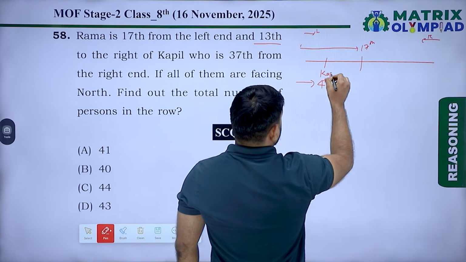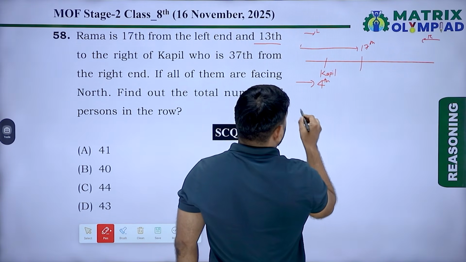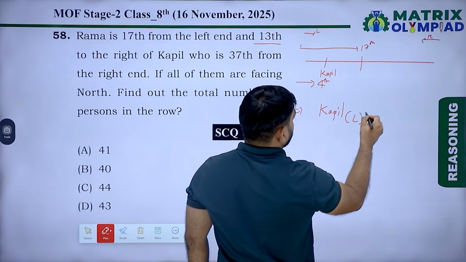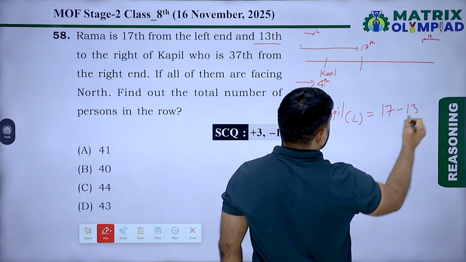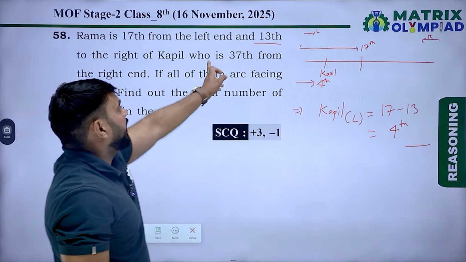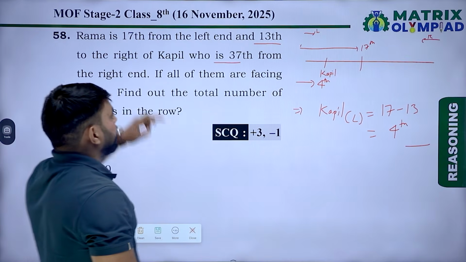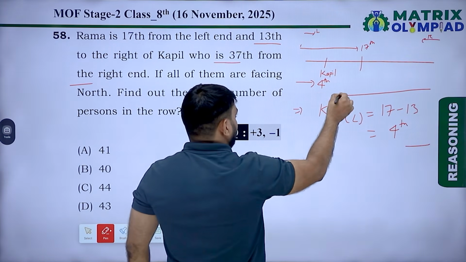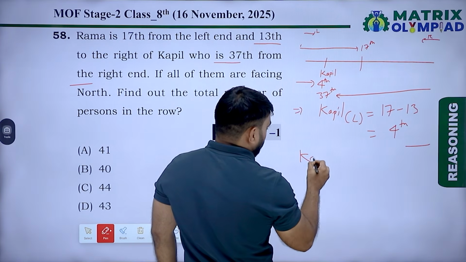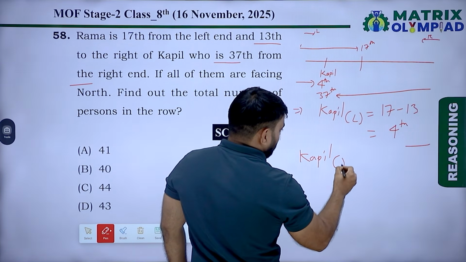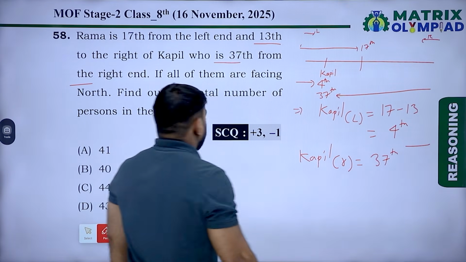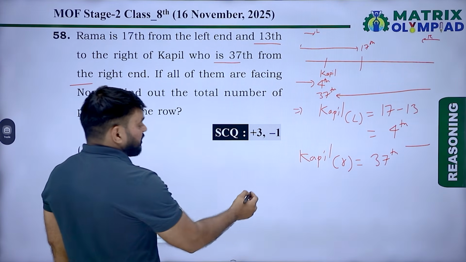Position of Kapil from the left is equal to 17 minus 13, it means fourth. And Kapil is 37th from the right end. Position of Kapil from the right end is equal to 37. So find the total number of persons in the row.